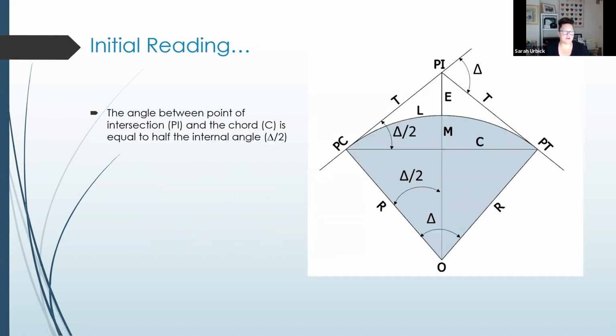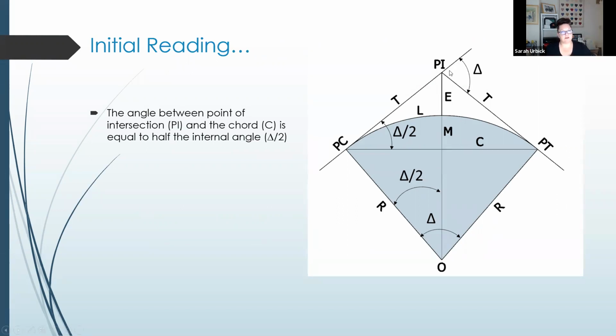So this is just breaking it down a little bit more, showing you what that angle is, right? That for a single section, we're going to rotate through half of the angle.